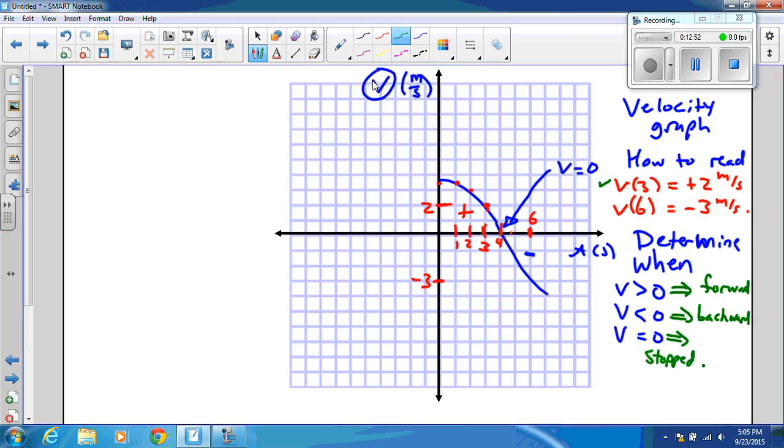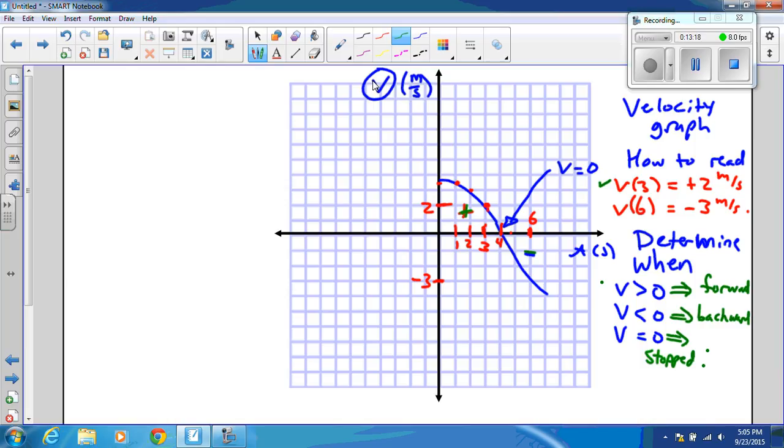So let's review how we read these graphs here. Of course, I can read individual velocities at individual times. But if I want to determine forward or backwards, I need to first go through and identify the sign of the velocity at the various times.